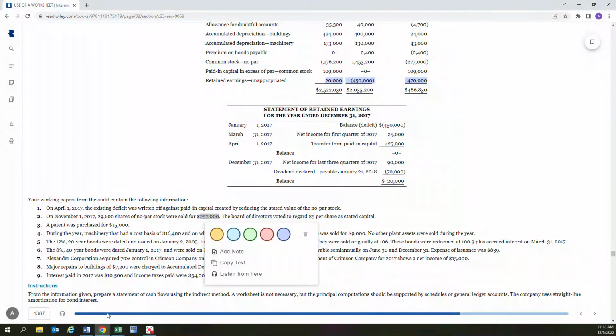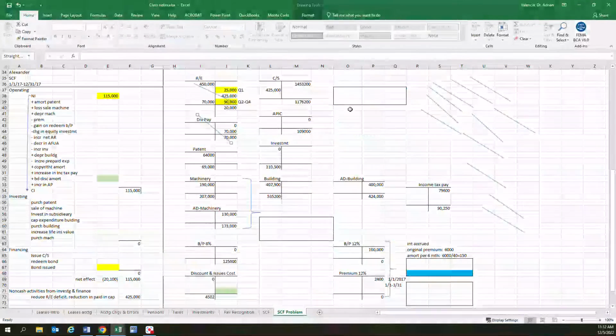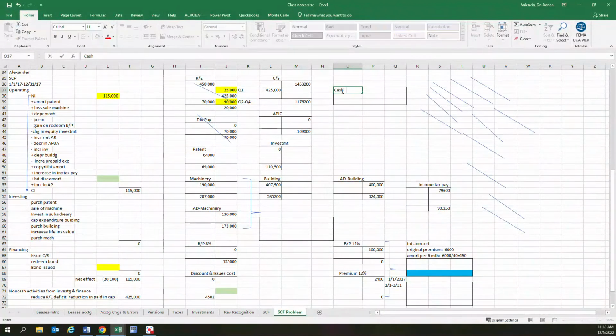So we'll go ahead and do that journal entry to visualize it. So cash came in 257,000. You don't need to do the journal entry, but I like to just to visualize. And then this is going to be 148,000, which is the number of shares sold times $5.